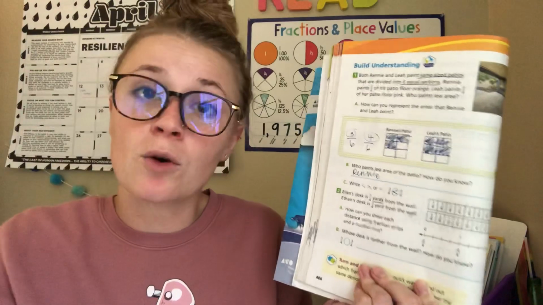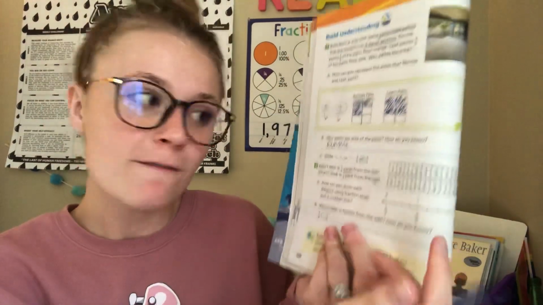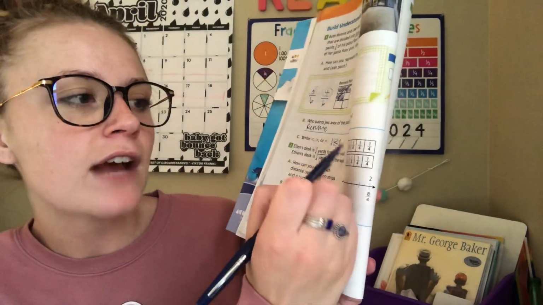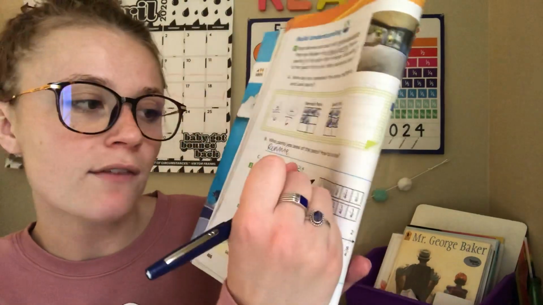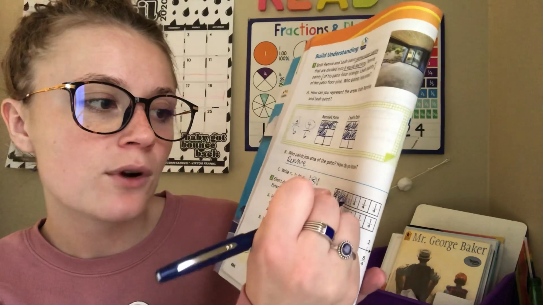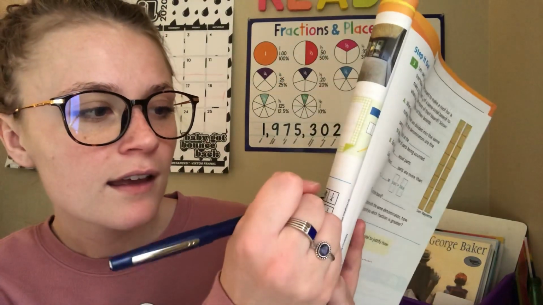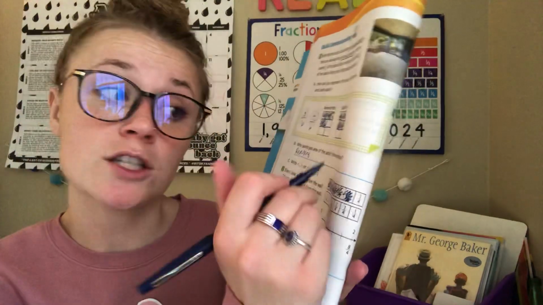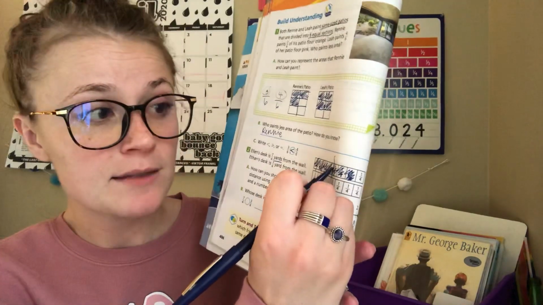So we're obviously going to be more than 1 yard, because 7 is more than 4. So we'll just go here. It's divided into fourths, so I'm just going to color in 7 of them. 1, 2, 3, 4, 5, 6, 7. Okay, if we wanted to be superstar students, we could say, I'm going to split up right here.